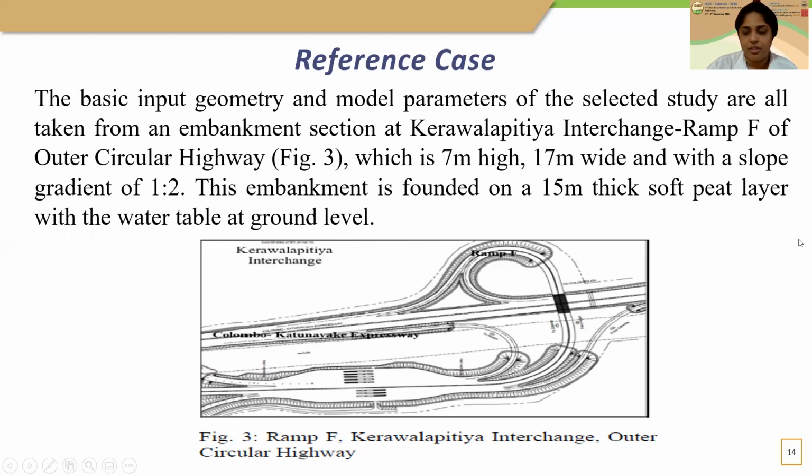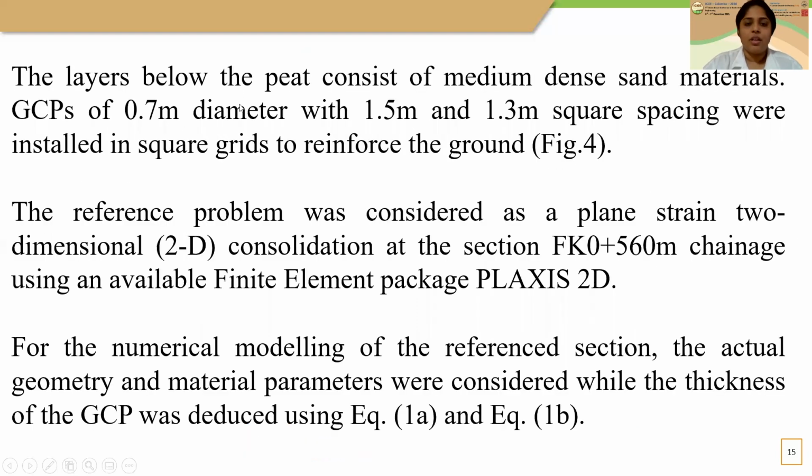The GCPs of this case are 0.3 meter diameter, arranged in a square pattern with spacing of 1.3 to 1.5 meters. The reference problem was considered as a plane strain 2-dimensional consolidation at this section, F0 plus 560 meters chainage, and the finite element package Plaxis 2D was used for this study.